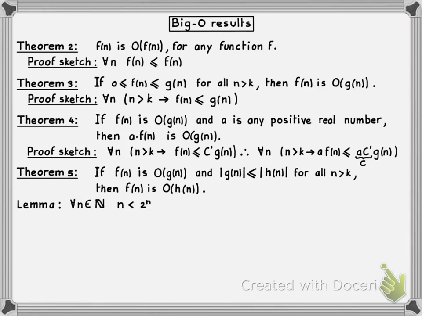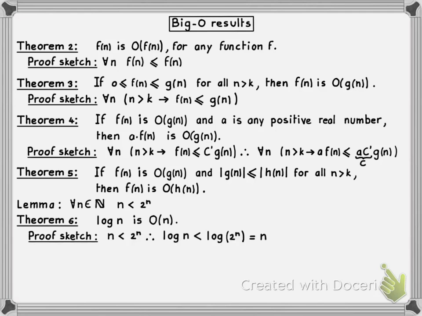Now we can use this lemma to prove the following theorem that says the function f of n equals log n is big O of n. Here is a quick proof sketch. We know according to the lemma that n is strictly less than 2 to the power n.